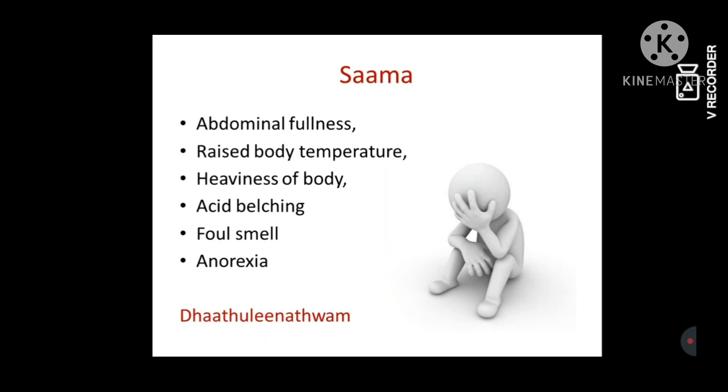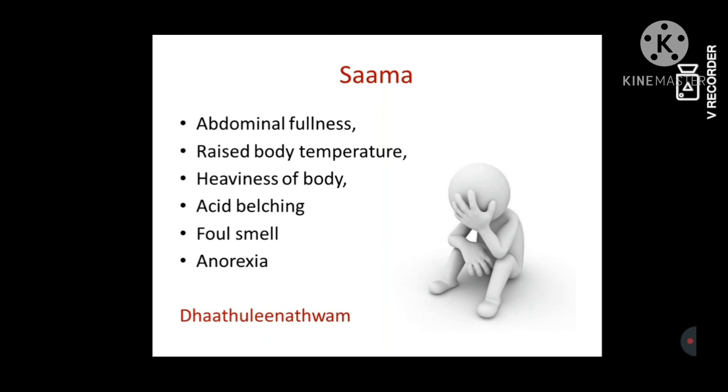Fullness of abdomen and raised body temperature, heaviness of body, acid belching, foul smelling, anorexia. These are the symptoms of ama inside his koshta, and the amatva inside his dhatu. Dhatu leenatva is very, very relevant. In the case of cutaneous manifestations, other than the koshta amavastha, rasa gata ama, rakta gata ama, mamsa gata ama, these are very, very important pathologies.